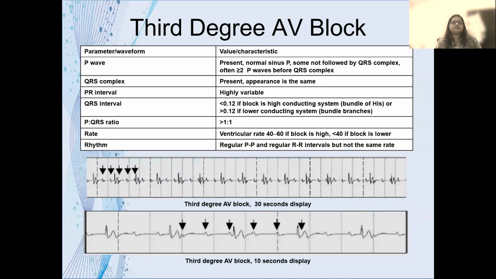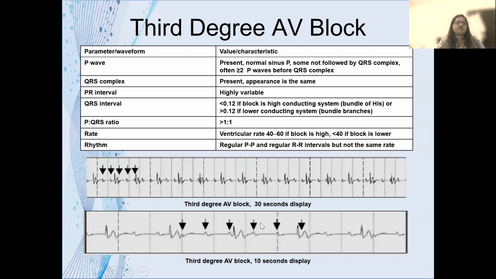Third degree AV block is when you have totally distorted P wave and QRS complex. Ventricular rate is 40 to 60 if the block is high and less than 40 if the block is lower. So you have a regular PP interval and regular RR intervals, but not the same rate. So you get totally distorted.